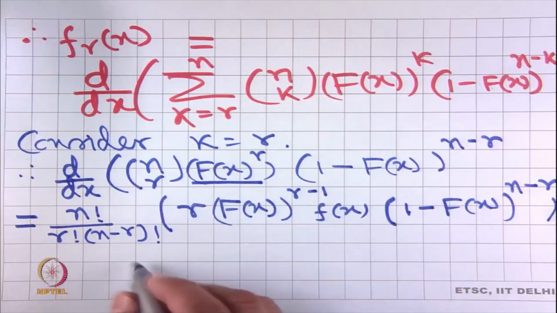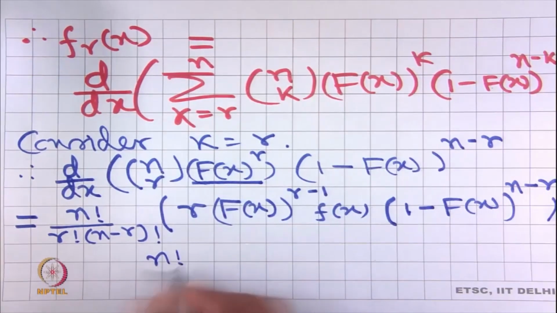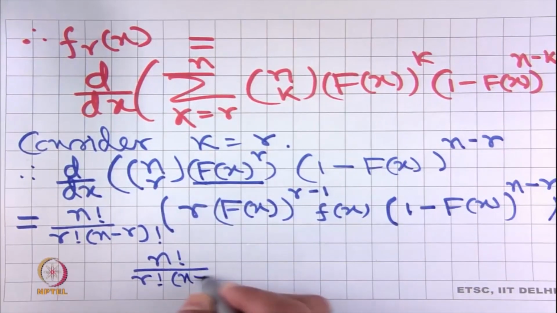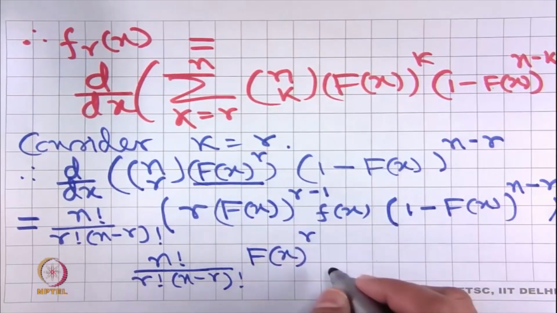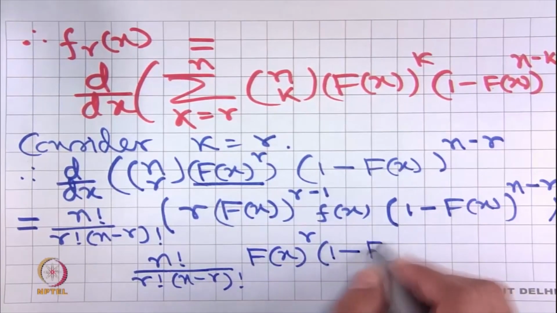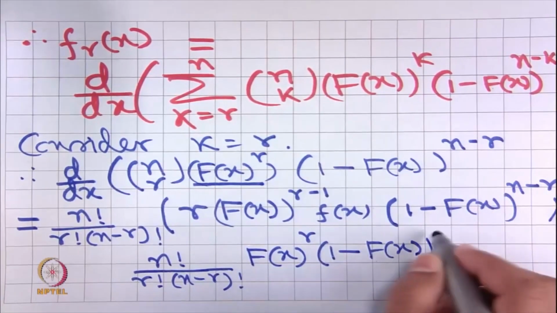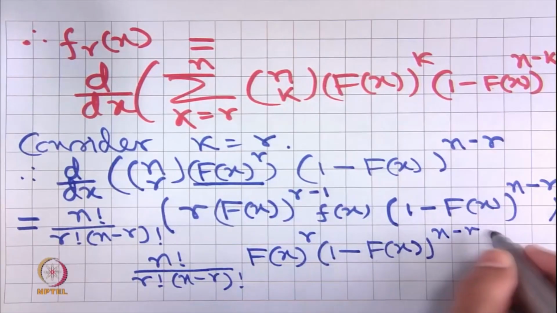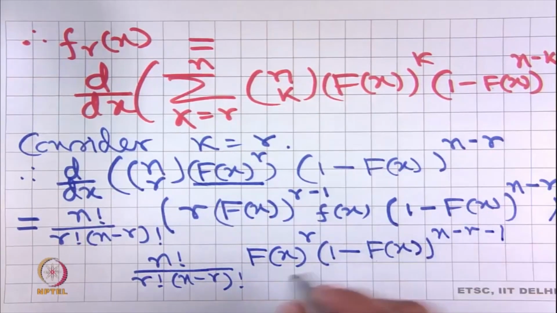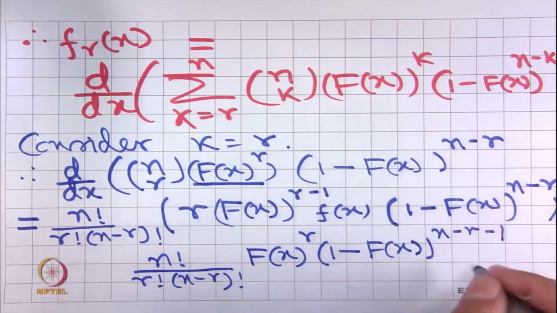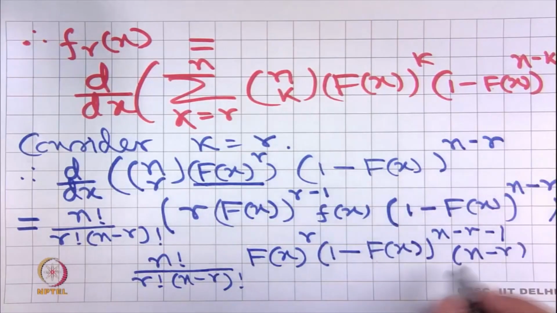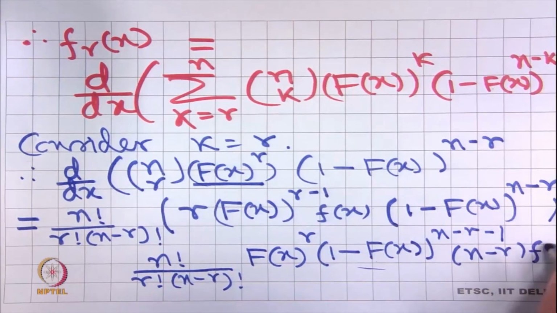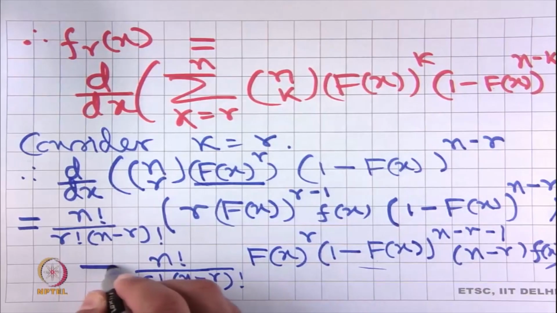Therefore, that is coming out to be n factorial upon r factorial into n minus r factorial into f(x) to the power r into (1 minus f(x)) whole to the power n minus r minus 1, multiplied by n minus r, because that will come, and then I am differentiating 1 minus f(x) with respect to x, that gives me f'(x) with a minus sign.